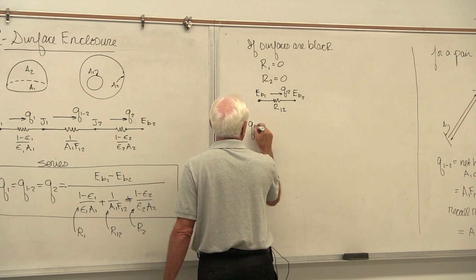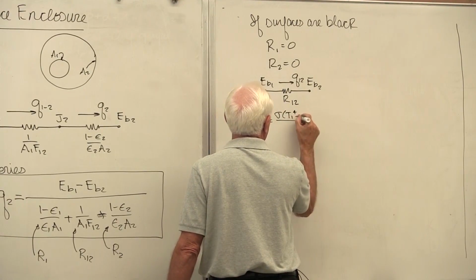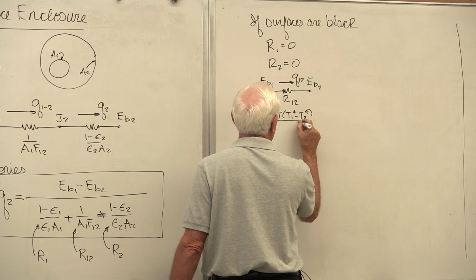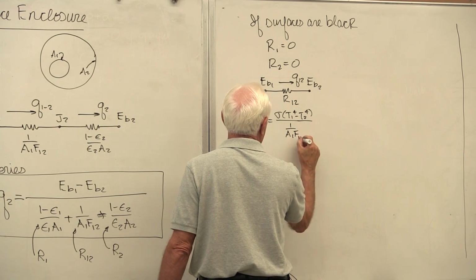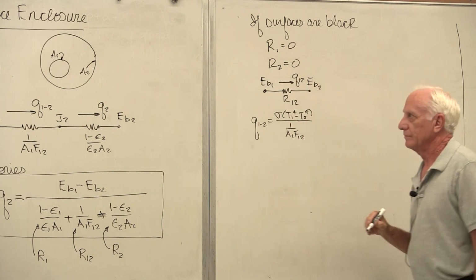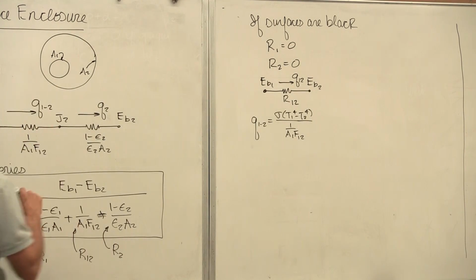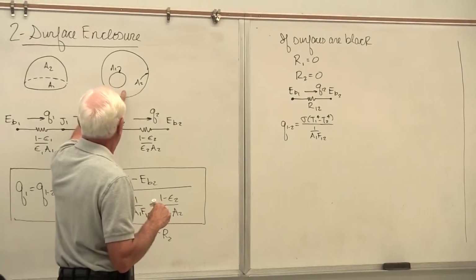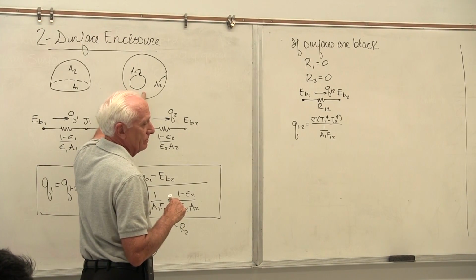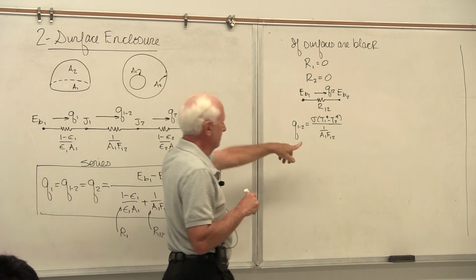So Q12 equals sigma (T1 to the fourth minus T2 to the fourth) divided by R12. In the first picture up here, A1 is pi d squared divided by 4, F12 is 1. In this picture right here, area 1 is pi d1 squared, F12 is 1. Okay, simple to get, you got it.